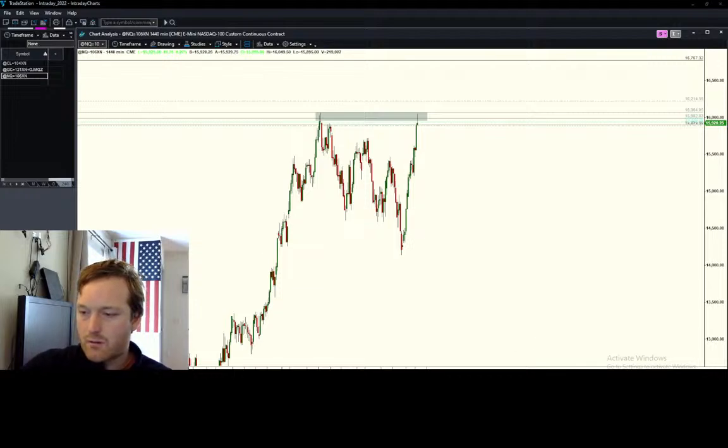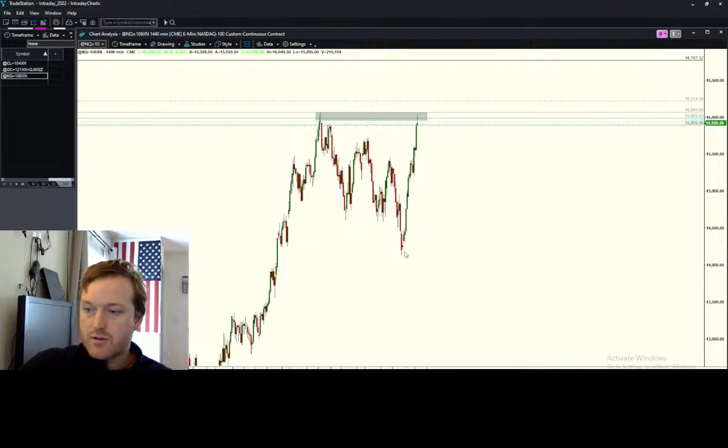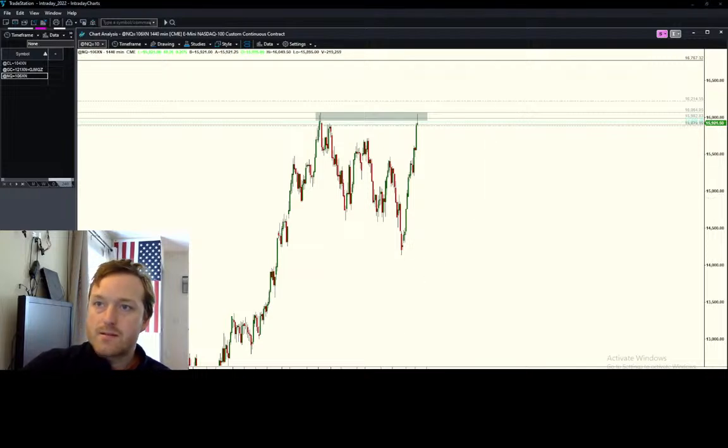Okay, cool. Yeah, that's my trade. This is an NQ long. This is comeback bar protection.